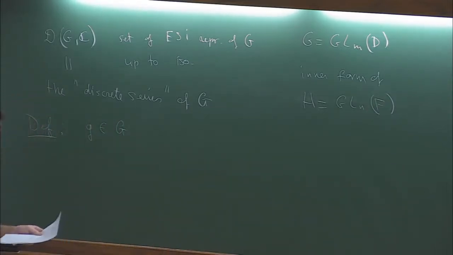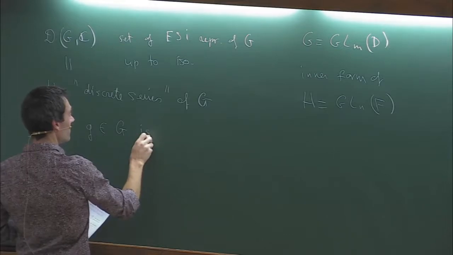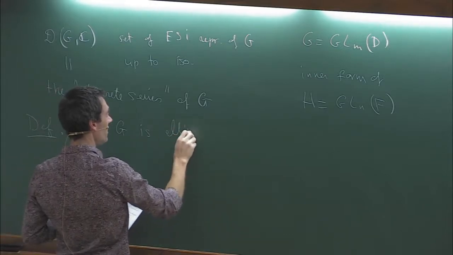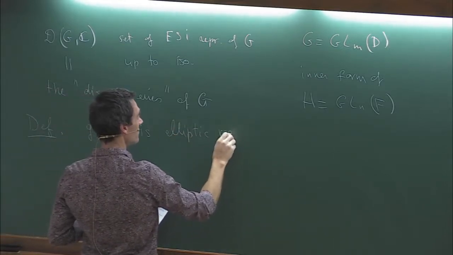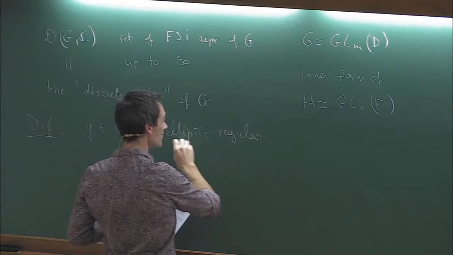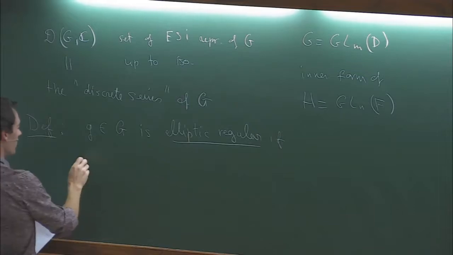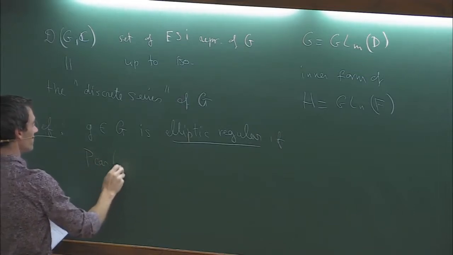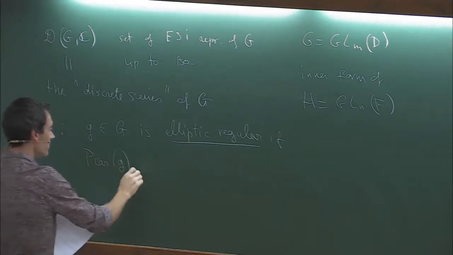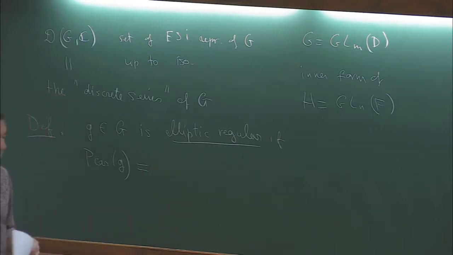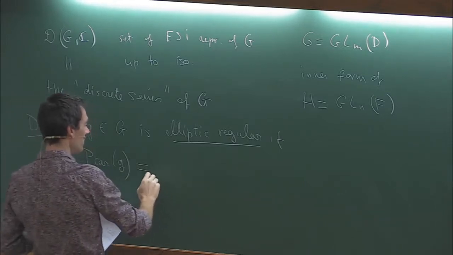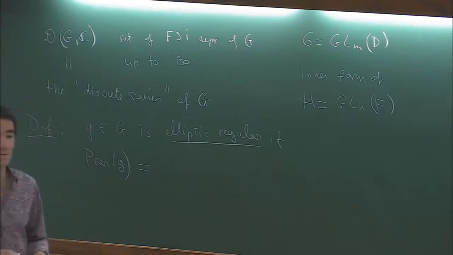An element g in the group G is said to be elliptic regular if its characteristic polynomial is irreducible and separable over F. By definition, there is no determinant on GL_m(D), there is a reduced norm.